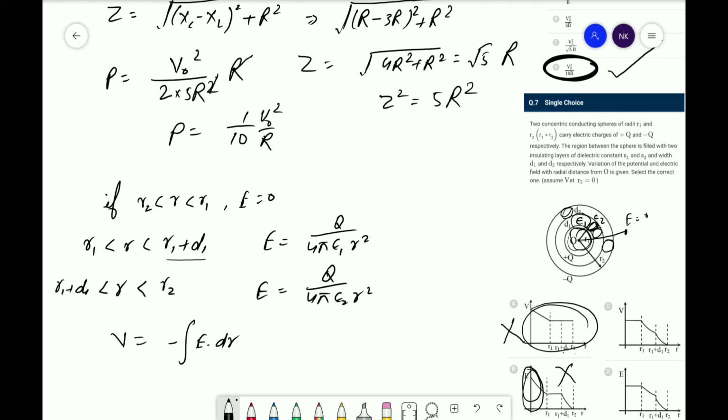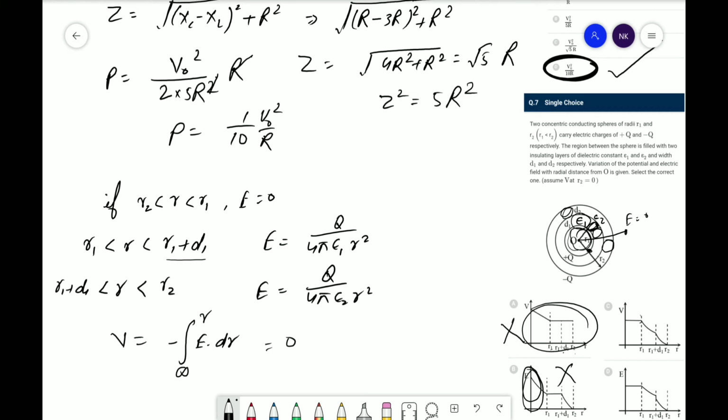Now moving toward option C. Here V is equal to minus integral of E dot dr, which will be equal to 0 from infinity to r. Therefore this one is correct. Now looking at r1, if we are at this position, the electric potential will be higher.